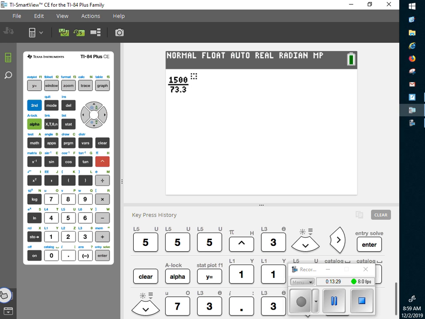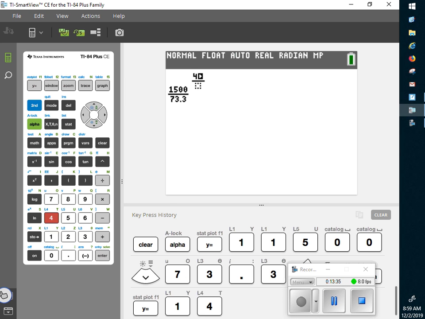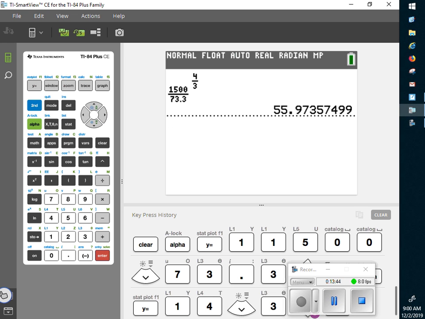And we're raising that to the 4/3. Did you get it to look like that? You getting that answer? Okay, so keep it on your calculator.